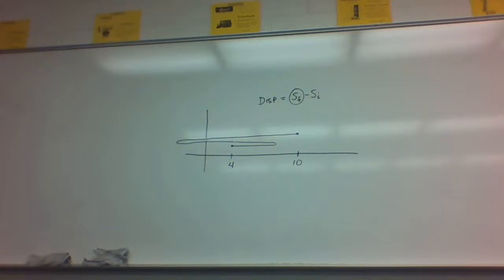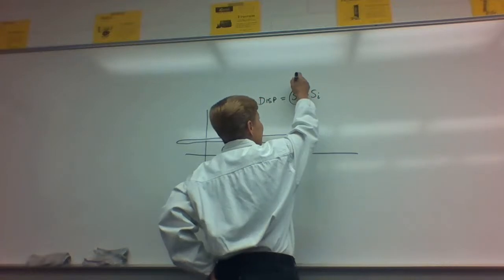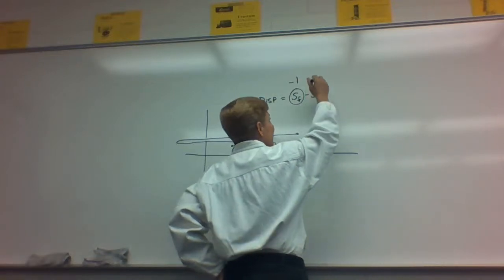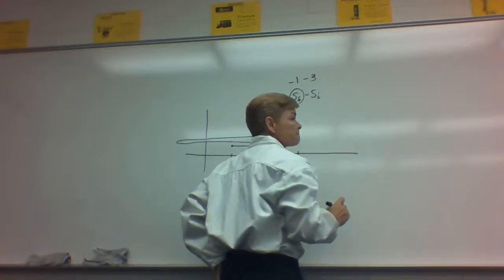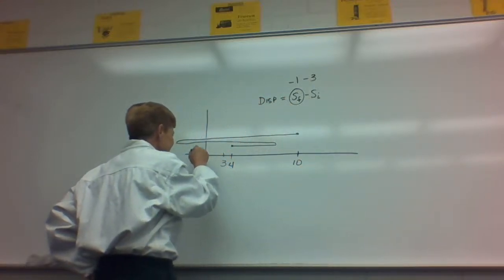What's its displacement? Negative 4. Look, this final one comes from plugging the 2 in, and we got negative 1 for that. This initial one comes from plugging 0 in, and we had 3 for that. Besides that, it started here and landed here.